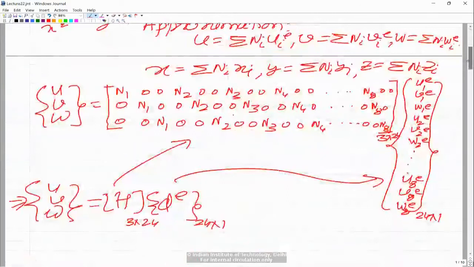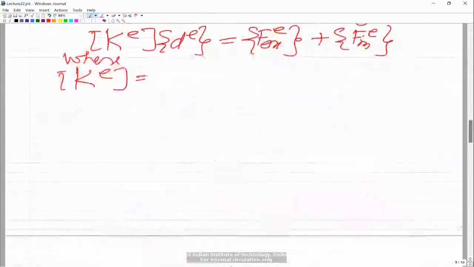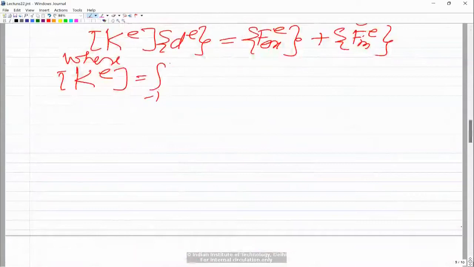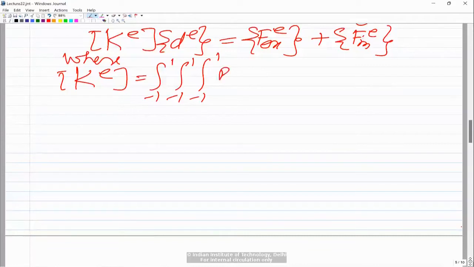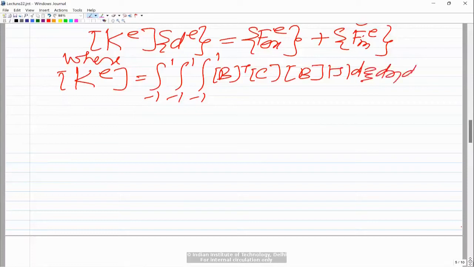So the integration is from -1 to +1, -1 to +1, -1 to +1. So it would involve a triple integral, and from the first strain we get B transpose, and then the constitutive matrix C, which is 6 by 6, and then again B, and the volume integral is written in terms of the determinant of the Jacobian matrix into d xi d eta d zeta. So this is the stiffness matrix.